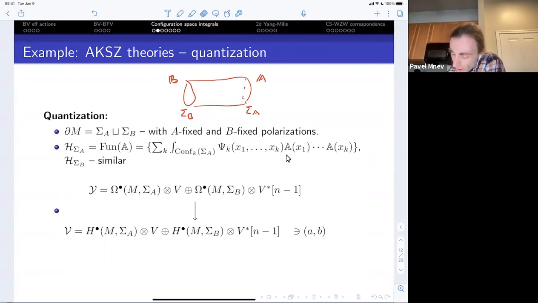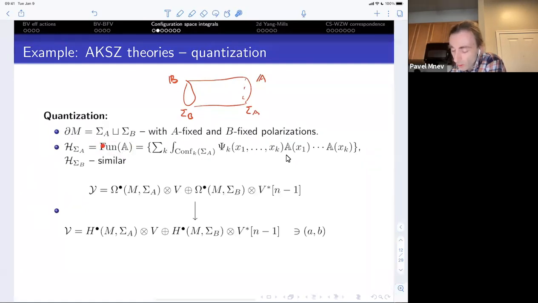The space of states on Sigma A is the space of functionals of the A field, the differential form on the A boundary. This looks like a huge space.